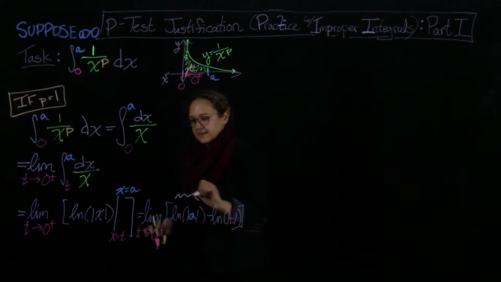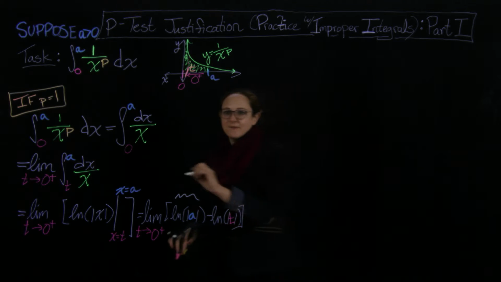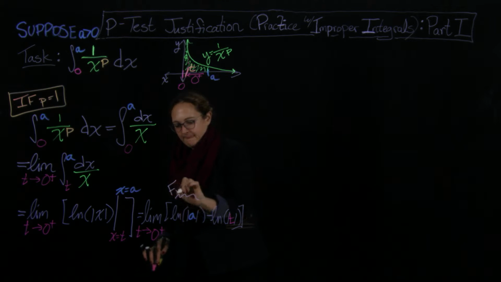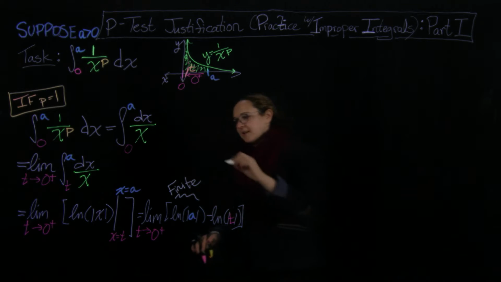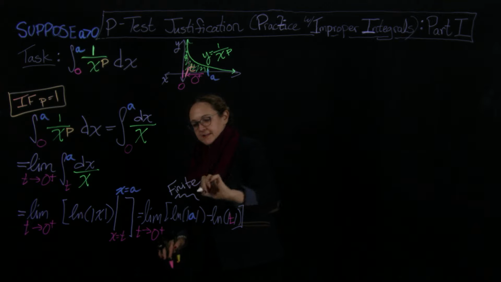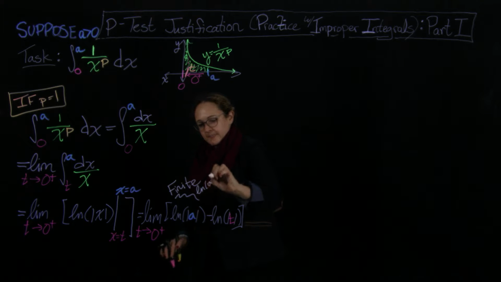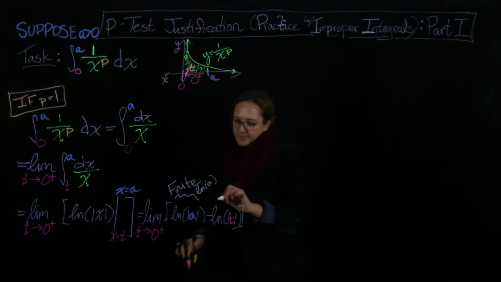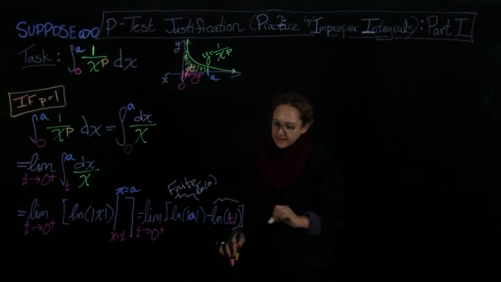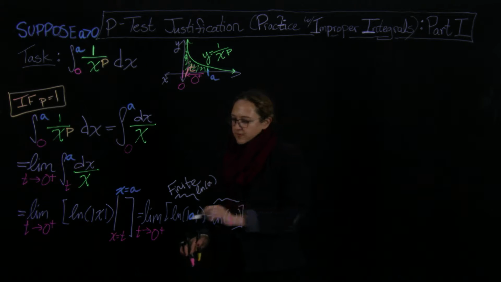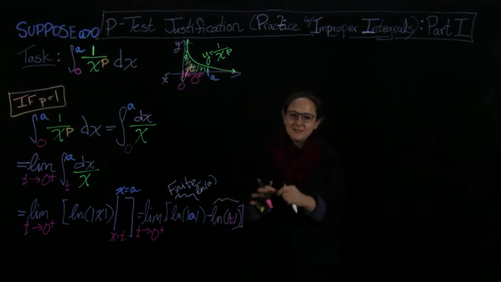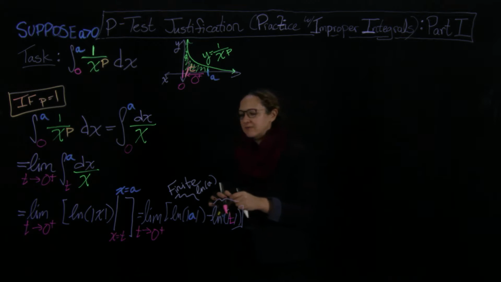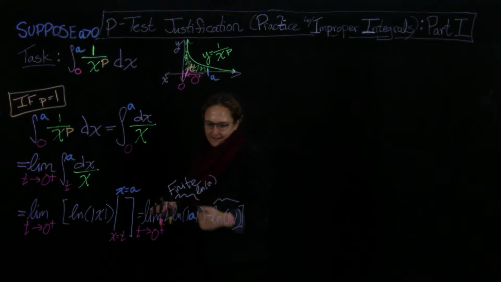I know that this is going to be finite. In fact, it's the natural log of a. But this other part, I have t approaching 0, from the positive side.